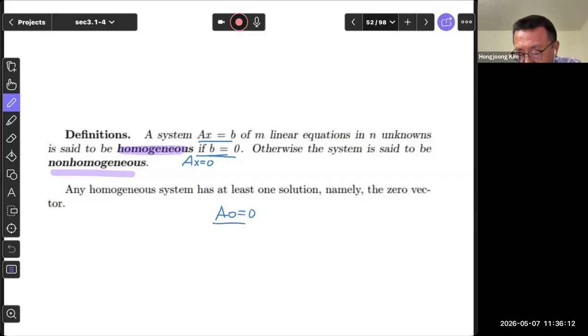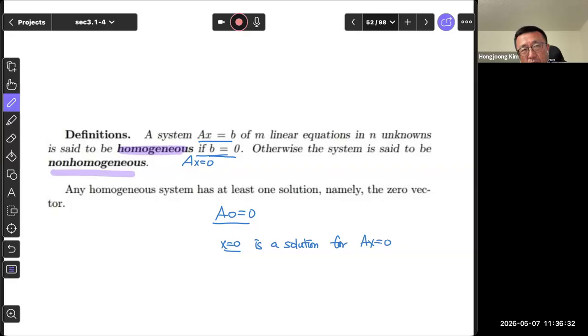So if you consider a homogeneous problem, this 0 vector is a solution for any homogeneous problem.